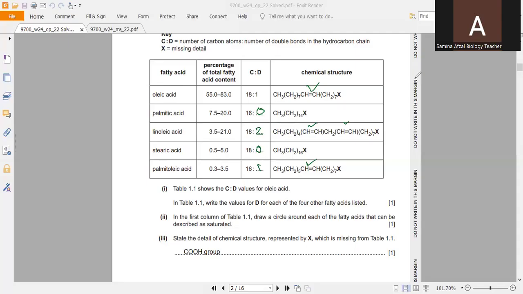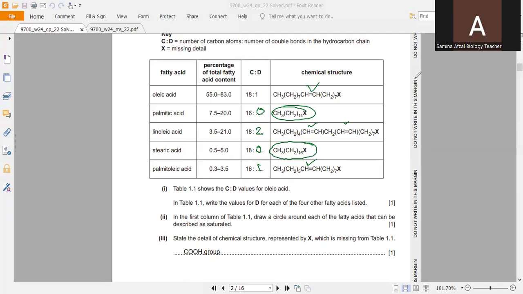If there is no double bond between them, they become straight and rigid, allowing them to pack tightly together, which is why they are typically solid at room temperature. So we have to circle the ones which don't have a double bond. We will circle palmitic acid and secondly stearic acid. Both of these fatty acids don't have double bonds inside, so they are saturated fatty acids.